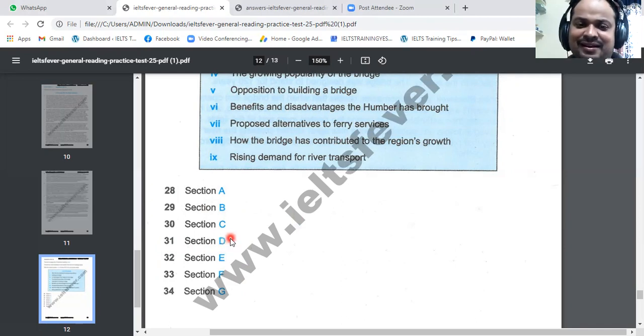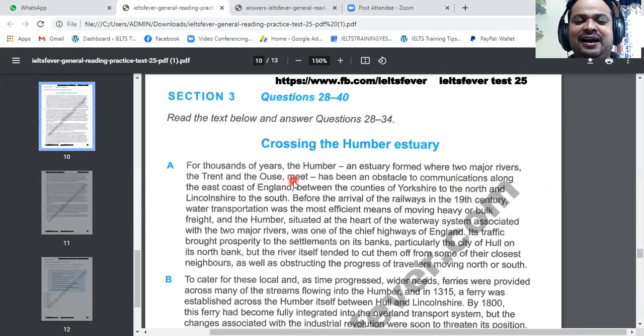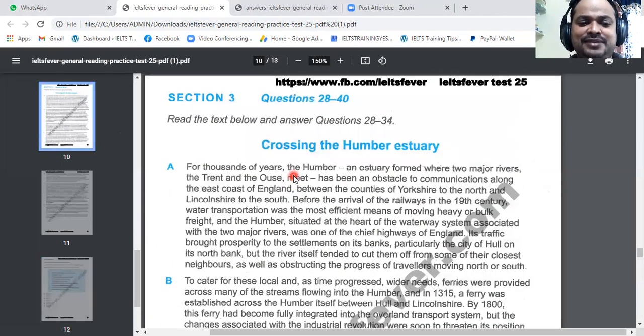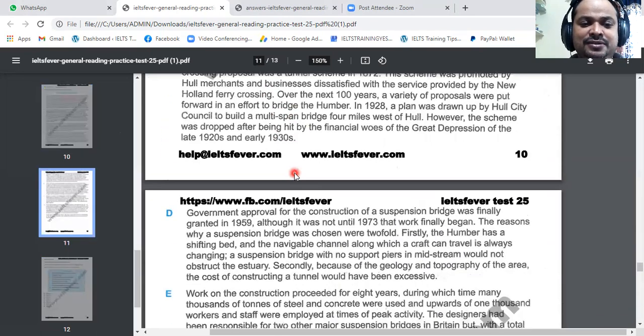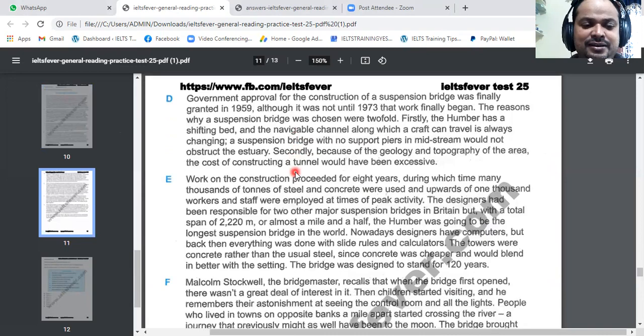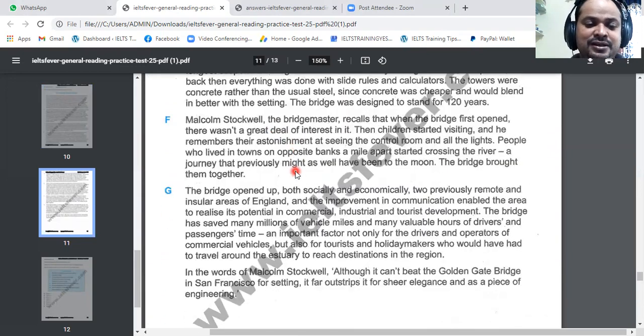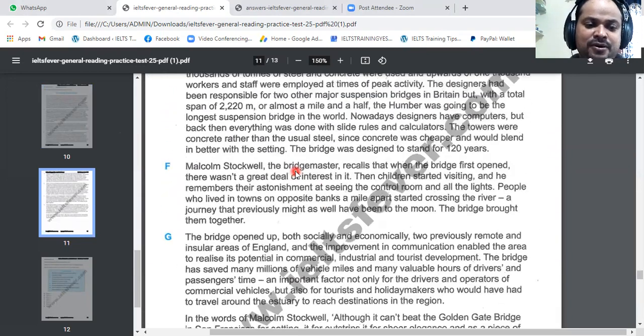So you have to see that the lengthy paragraphs should be avoided first. So just have a look and see where the lengthy paragraphs are. Yes, B is a very lengthy paragraph. C and D, E, F, G, yes, G is a little bit more.